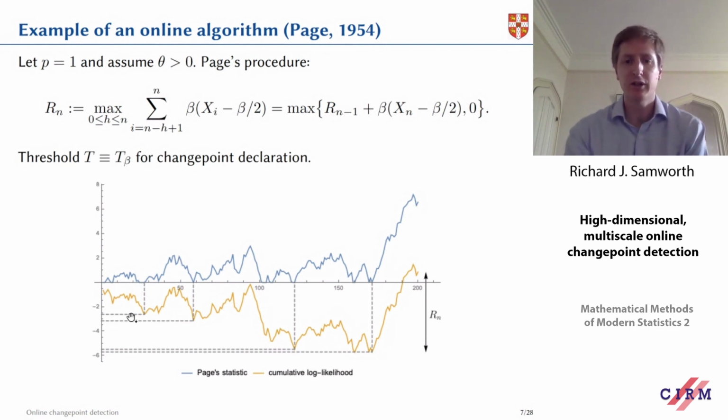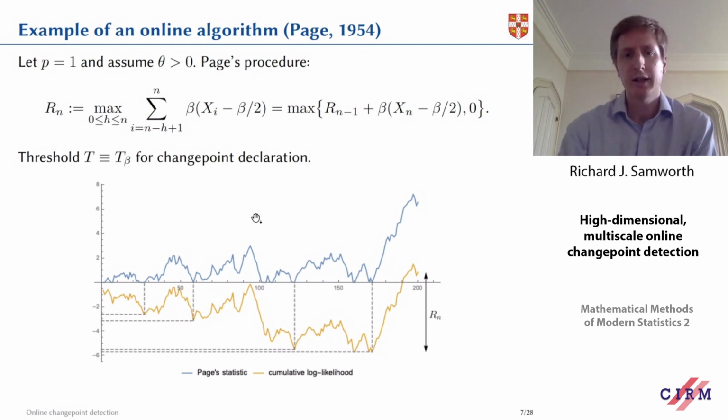So if we look at this picture here, we've got this cumulative log likelihood, this orange statistic, which is oscillating around here. And the Rn statistic is the difference between the current value of the cumulative log likelihood and the value it took at the global minimum up to this time.